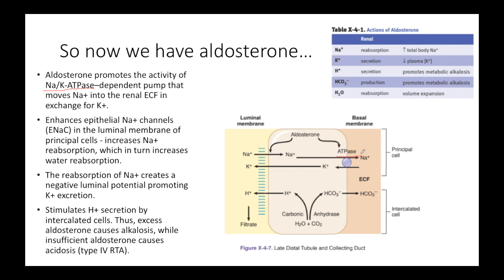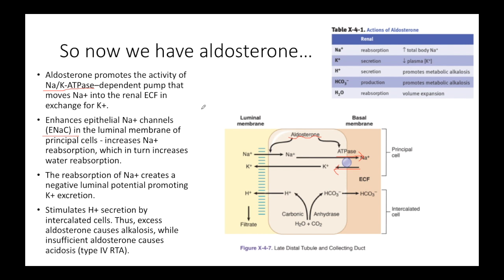So we have sodium going in, potassium going out, and this is promoted by aldosterone. It also enhances the epithelial sodium channels, called ENaC, on the luminal membrane of the principal cells, and this increases sodium resorption as well, which in turn also increases water absorption because water follows sodium.